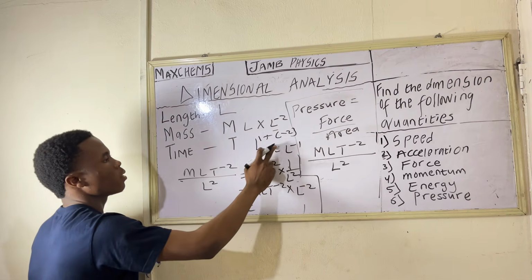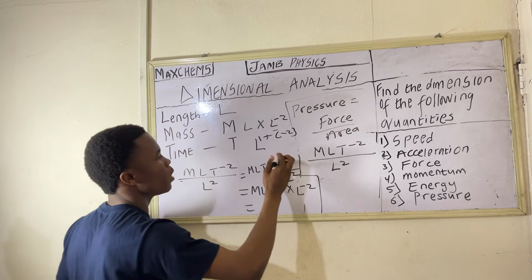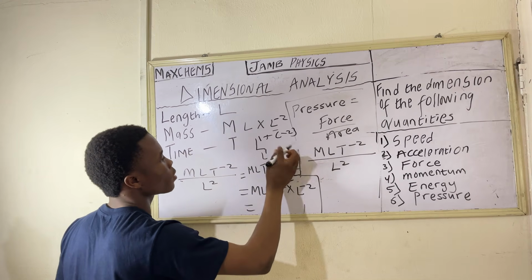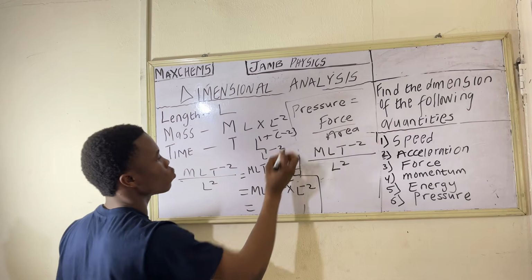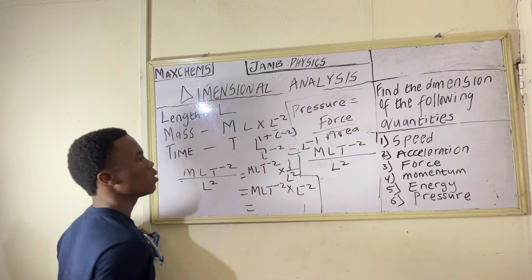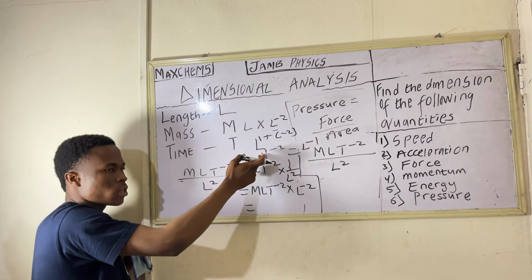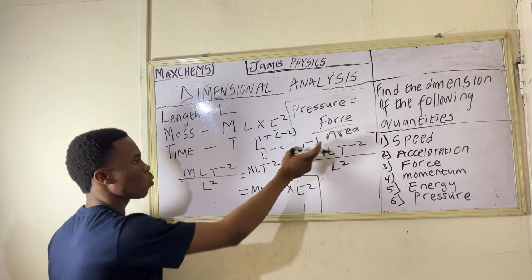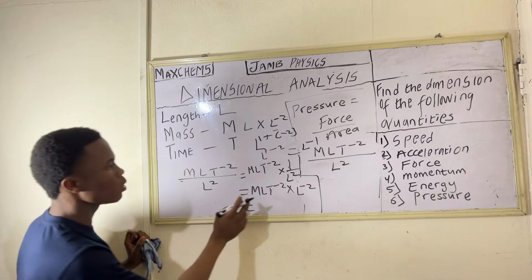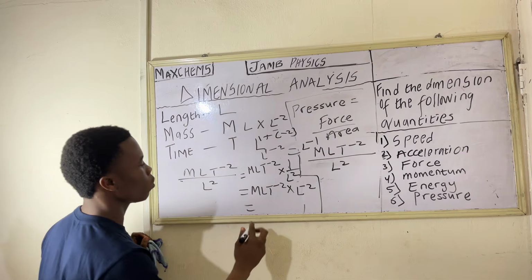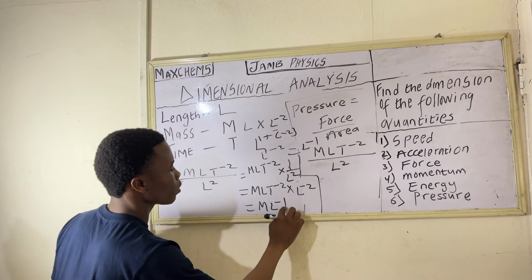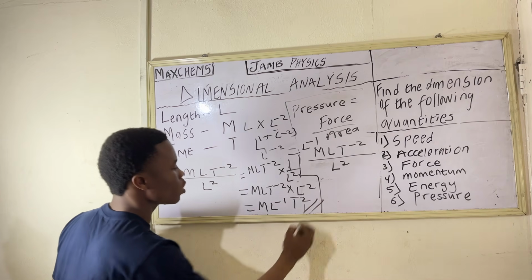So the dimension for pressure is ML to the power minus 1 T to the power minus 2. This is the final answer.